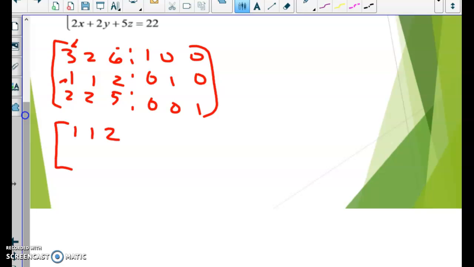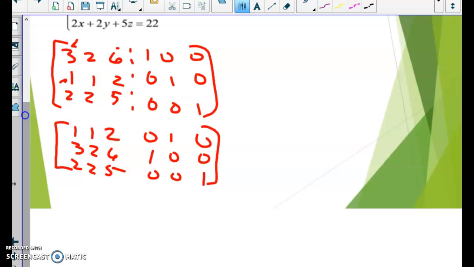And when I do that, I end up with 3, 2, 6, 1, 0, 0, 2, 2, 5, 0, 0, 1.